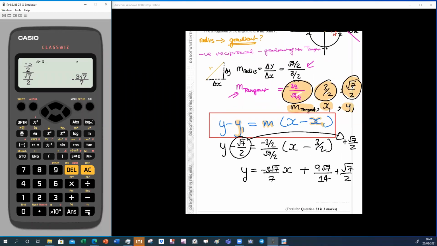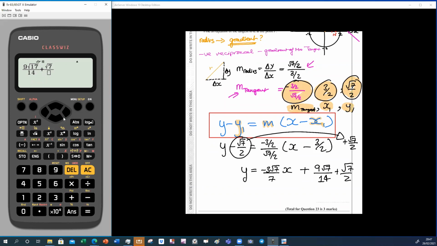Okie dokie. So let's work that out in the calculators, please. So we have now 9 root 7. Ismail, can you just double check the calculations that I've done? And then you put 14 on the bottom, make sure that they're correct. And then we're going to add to that another fraction, another root 7.